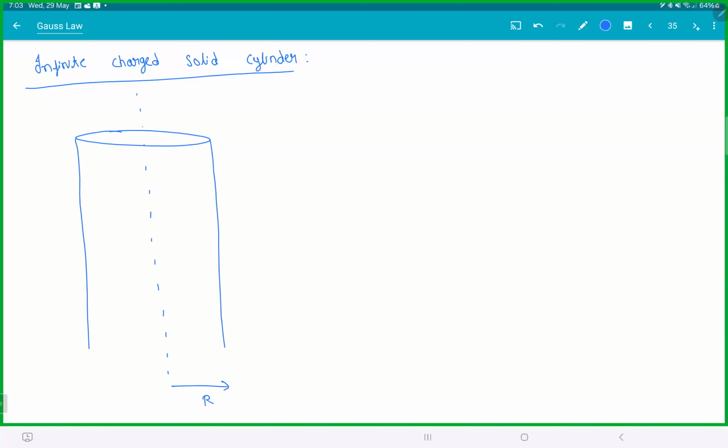Radius is R. It's uniformly distributed everywhere. Rho is the volume charge density. Find the field inside and outside. Especially they'll ask you to plot the E versus R graph. That would be better. Find E bar as a function of R.